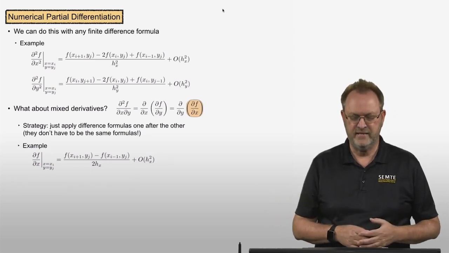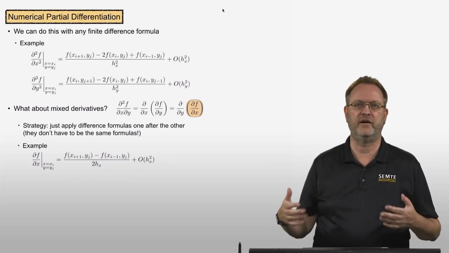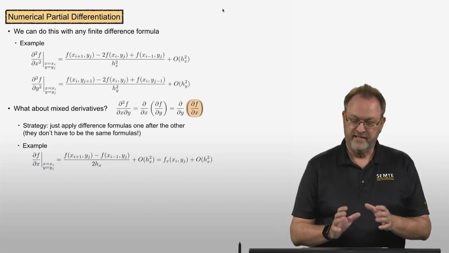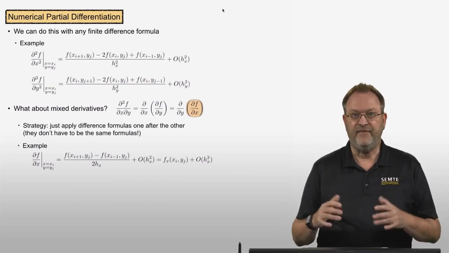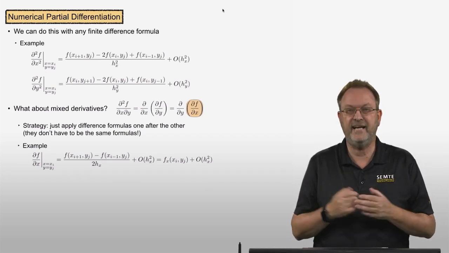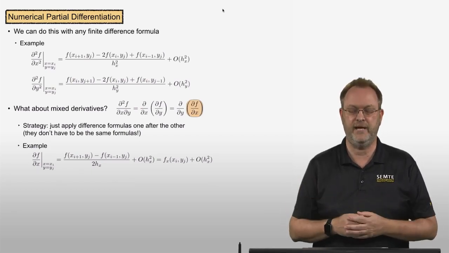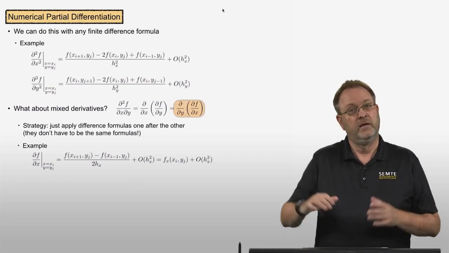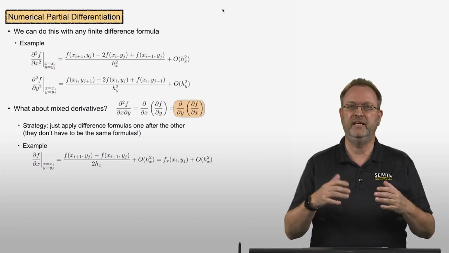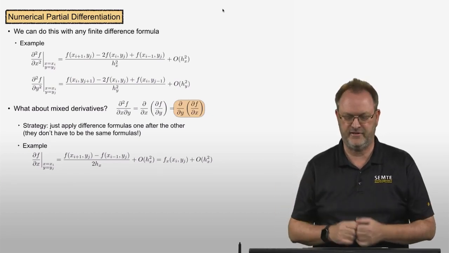This being a second order approximation, I have an order hx squared term. Let me call this finite difference formula, this fraction, fx, and I know that I evaluate this fx at xi, yj. Now, I'm going to apply the outer partial derivative d dy to this fx.